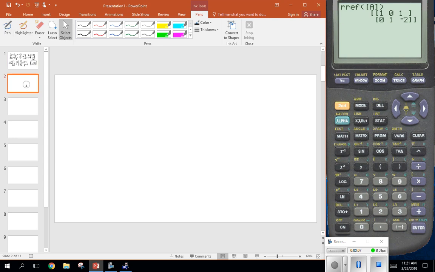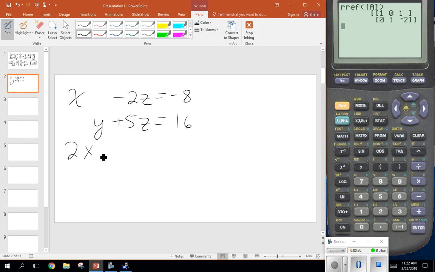And I can do that with larger matrices. Let's say I had x minus 2z equals -8, y plus 5z equals 16, and 2x plus 4y equals 0.